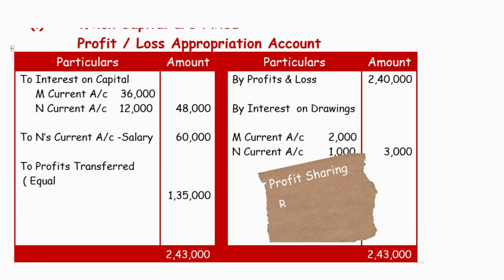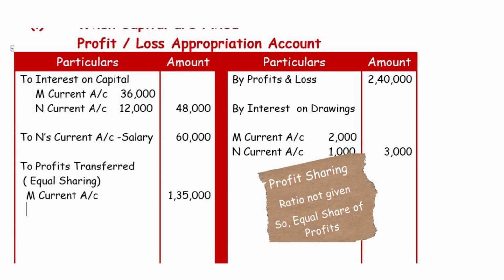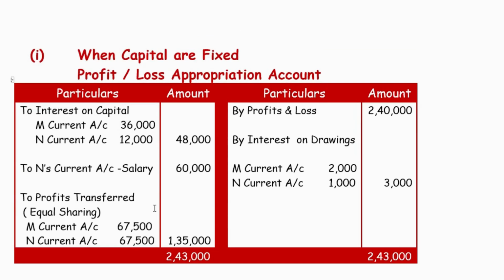So when nothing is given about the profit sharing, we will divide the available profits in the equal ratio. It is 67,500 and 67,500, so it works out to 1,35,000. So we have prepared the profit or loss appropriation account under the fixed capital method when capitals are fixed.